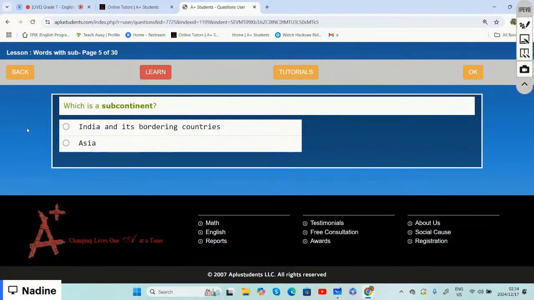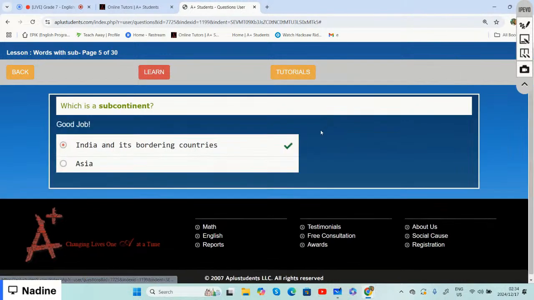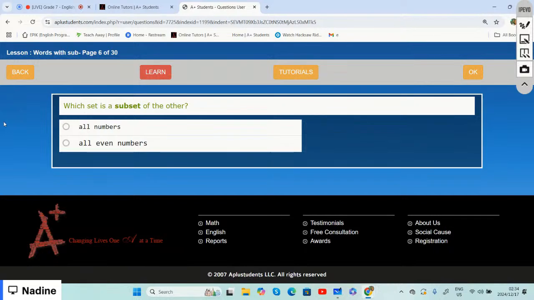And a word or something that is a subcontinent, is it India and its bordering countries, or Asia? And a subcontinent, we would say it's India and its bordering countries, because Asia is already a continent on its own.